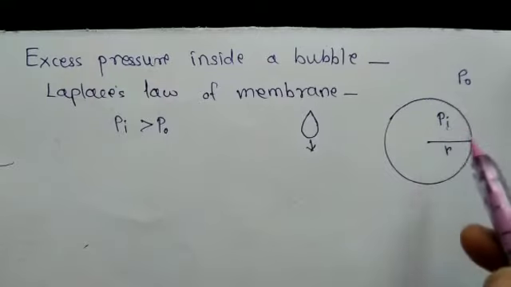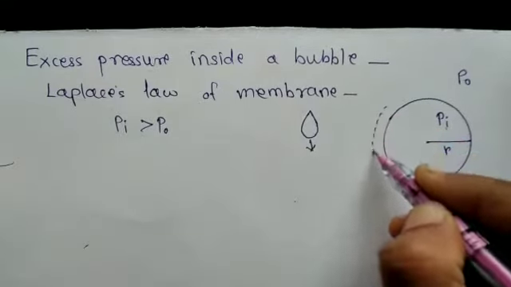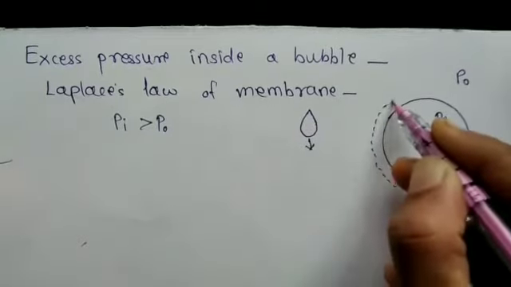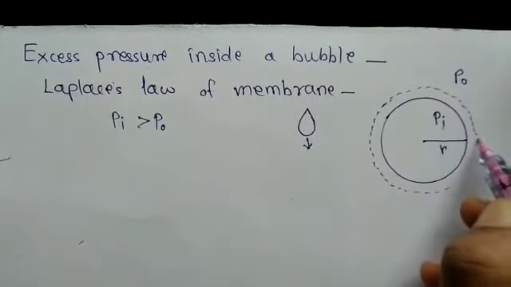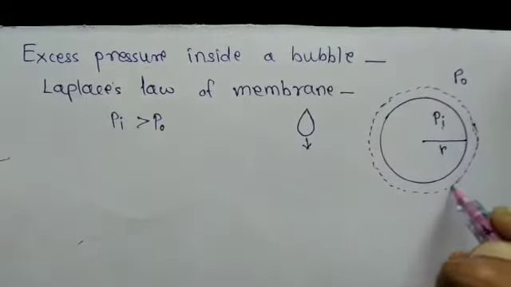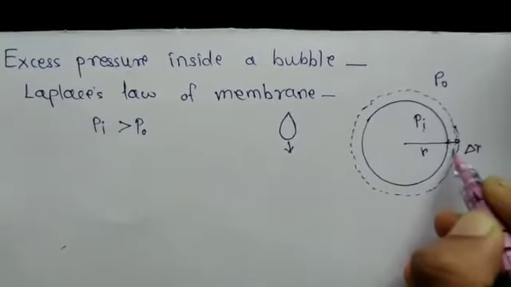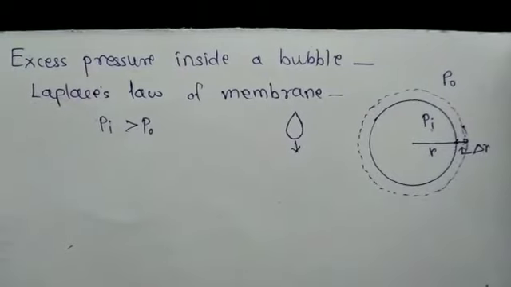Since this internal pressure is greater, its radius increases by a small amount, that is delta r, and therefore the new radius of the drop is r plus delta r. It is a very small change, therefore denoted by delta r.